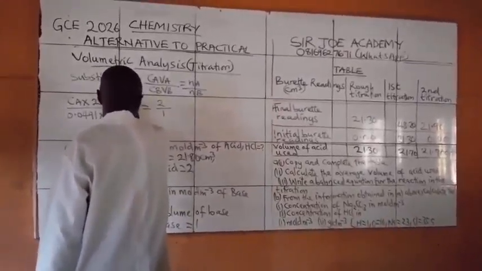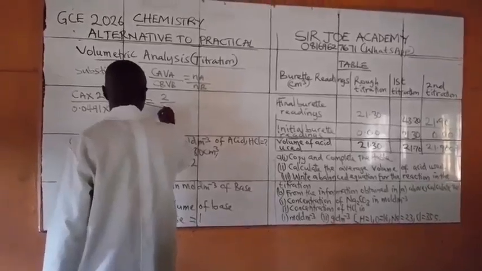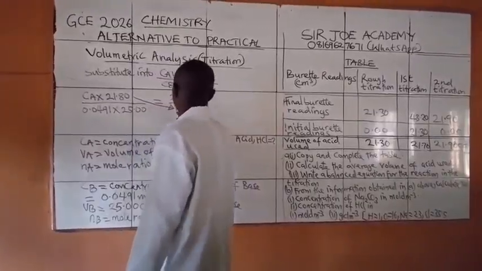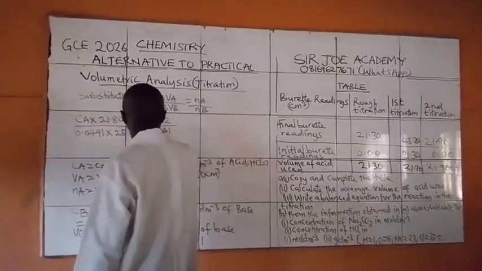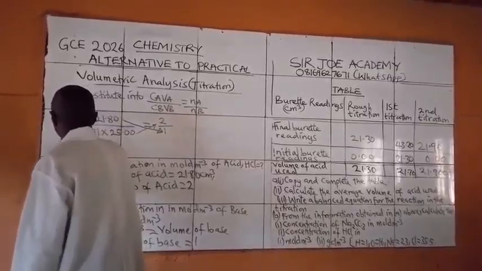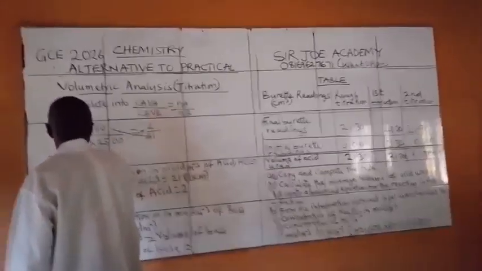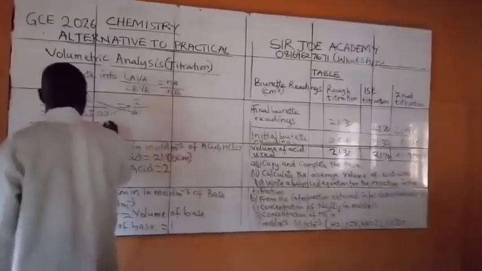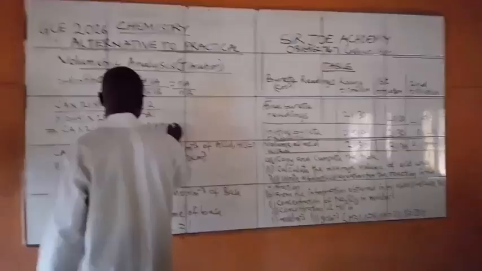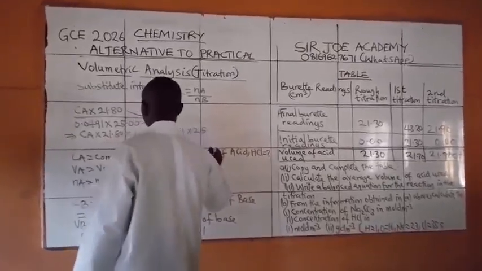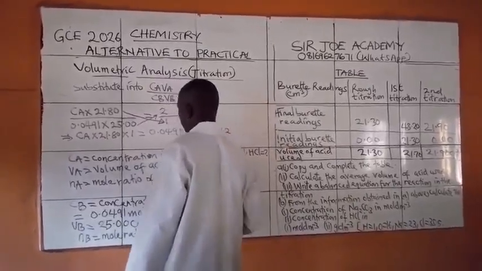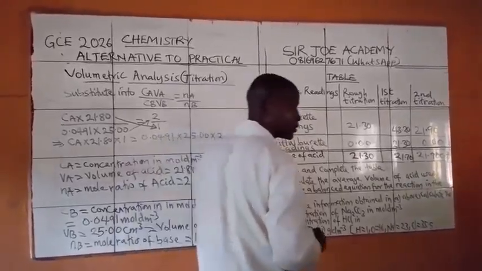Now we cross multiply. That is, we use the numerator values to multiply the denominator values. So this implies that CA times 21.80 times 1 is equal to 0.0491 times 25.00 times 2.